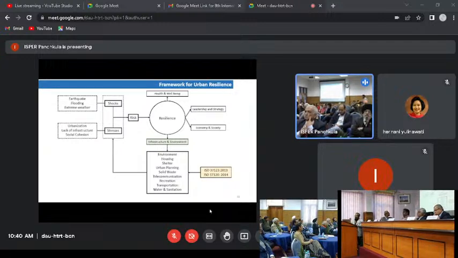All these things lead to risks, and these risks are to be tackled by a resilient framework, which will have good health and well-being, leadership and strategy, economy and society, and infrastructure and development. So I have identified certain indicators which I have adopted from the two ISO standards of 2014 and 2019. Thank you.